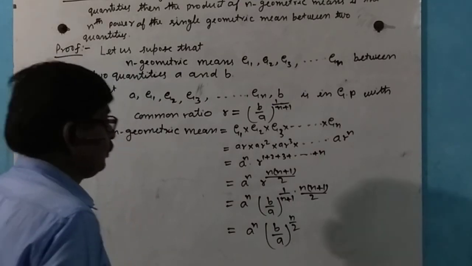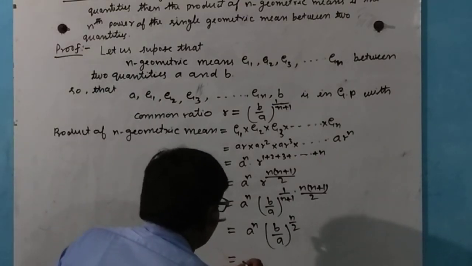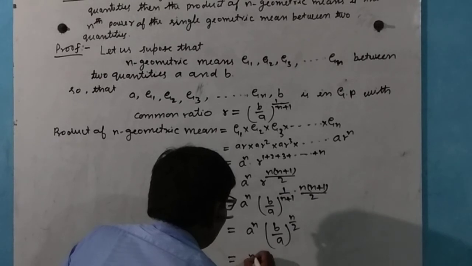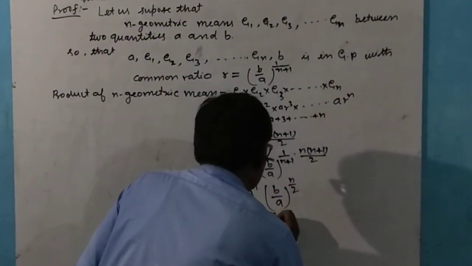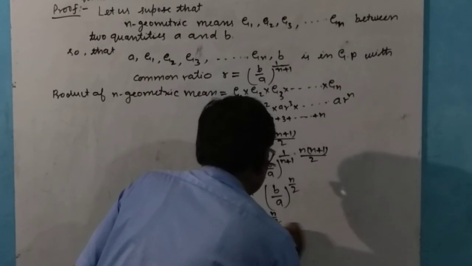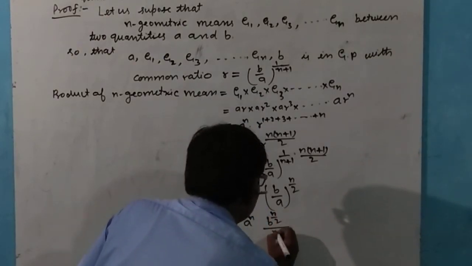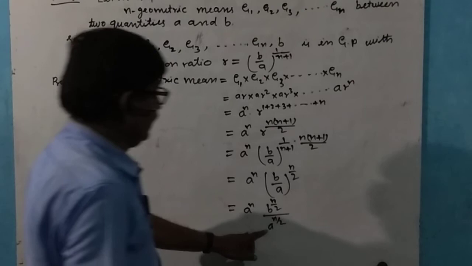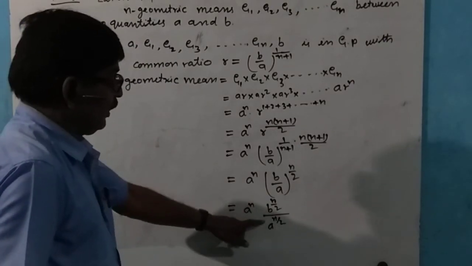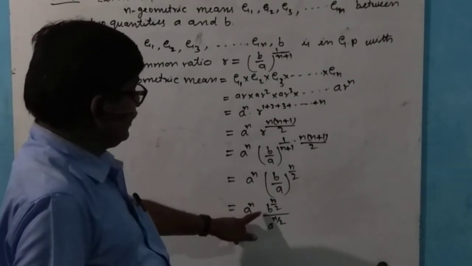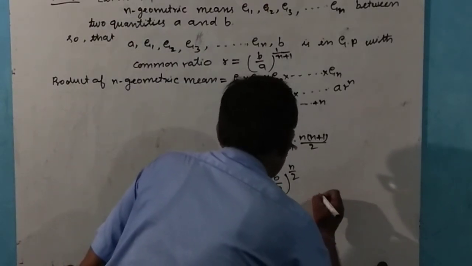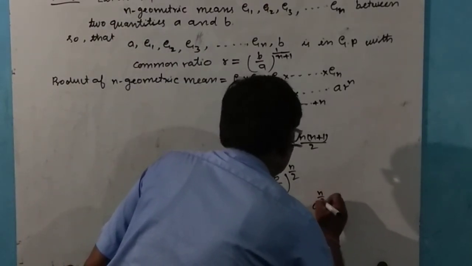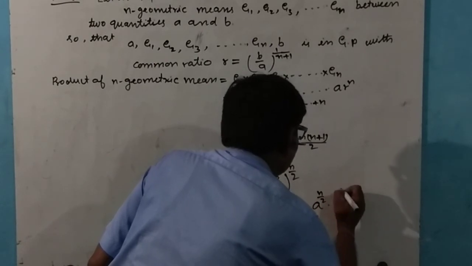Now this can be written as b to the power n/2 divided by a to the power n/2, and this can be written as a to the power n minus n/2, so that it equals a to the power n/2 into b to the power n/2.